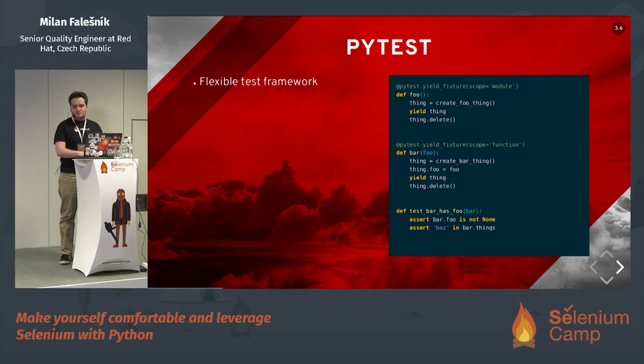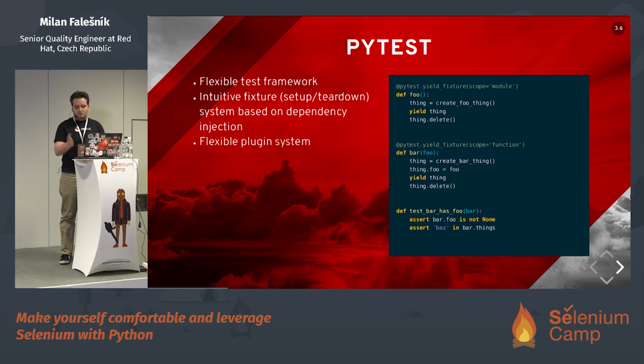Some people still use Python unittest, but this has been around a long time, and it's a flexible test framework which uses dependency injection for setup and teardown. So the test or the fixture just declares what it needs, and the framework just gets it to you and ensures the setup and teardown.